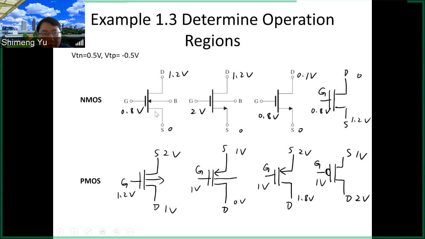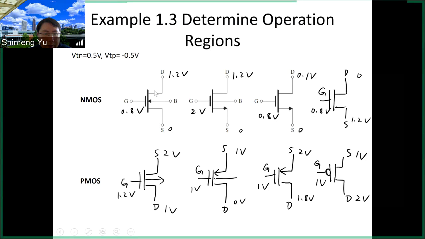Operation regions means the transistors are in cutoff, or in triode, or in saturation. So just choose one of the options here. We have to look at those bias conditions. What is the voltage?